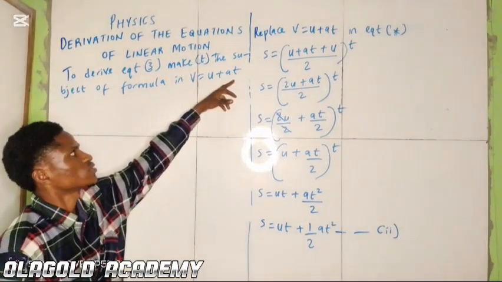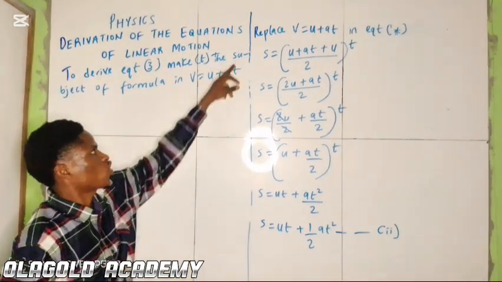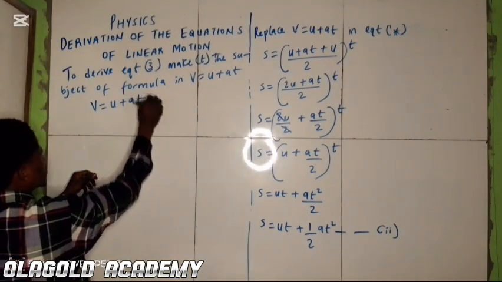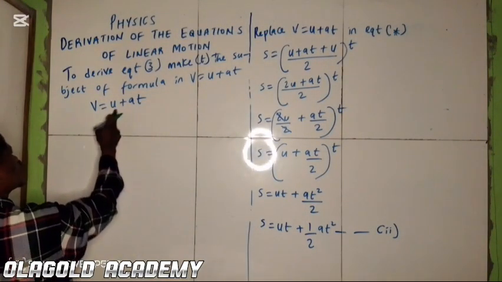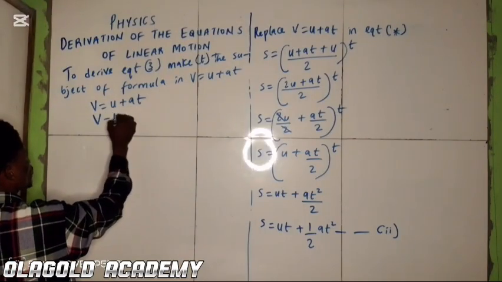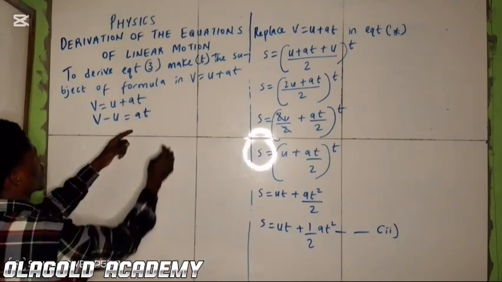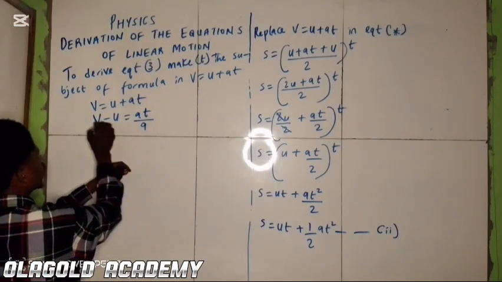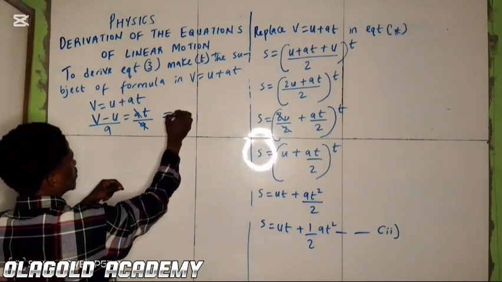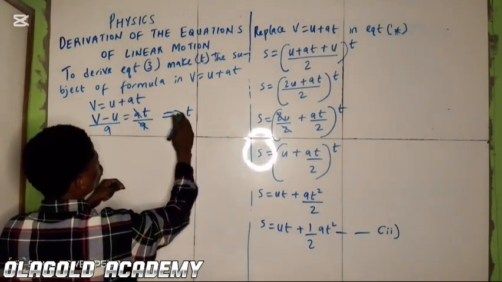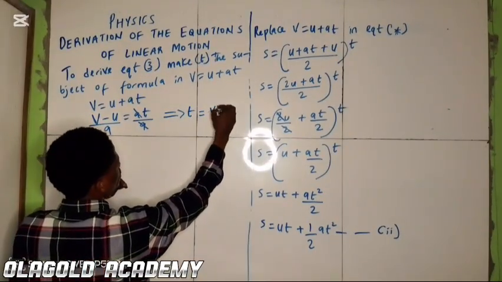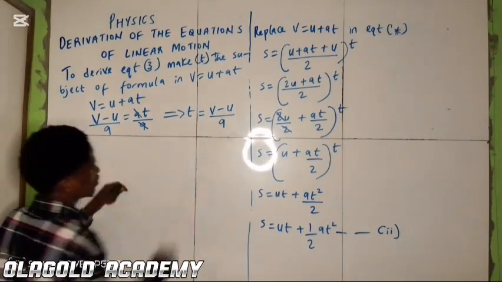Make this T the subject of the formula. So we're going to have V equals U plus AT. What do we do? We bring U to this side. We're going to have V minus U equals AT. What's the next thing there? Over A. A cancels A. So we're going to have our T equal to V minus U over A.